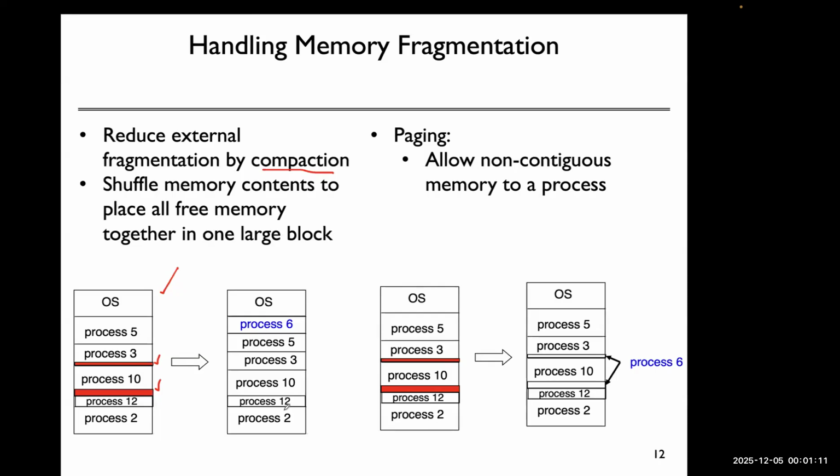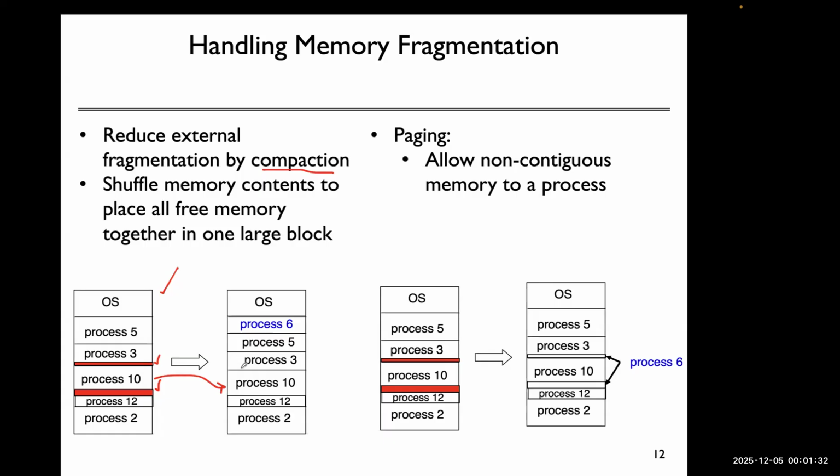So you simply move or shuffle the content of the processes in the memory. Process 2 remains here, 12 remains at its place, but you copy the content of process 10 downward.